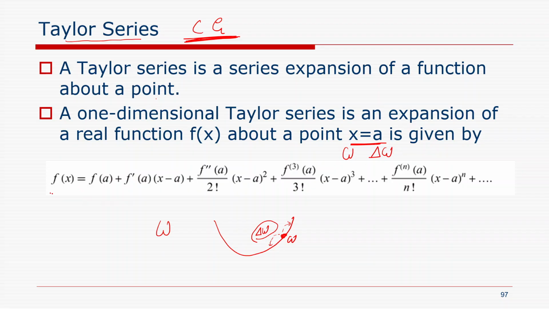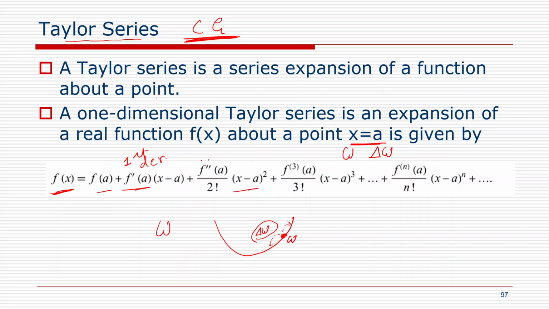That is, a function f of x can be approximated around the point x equal to a with f of a, plus f dash, the first derivative of that function, times x minus a, plus the second order derivative, f double dash of a by 2 factorial, times x minus a squared.